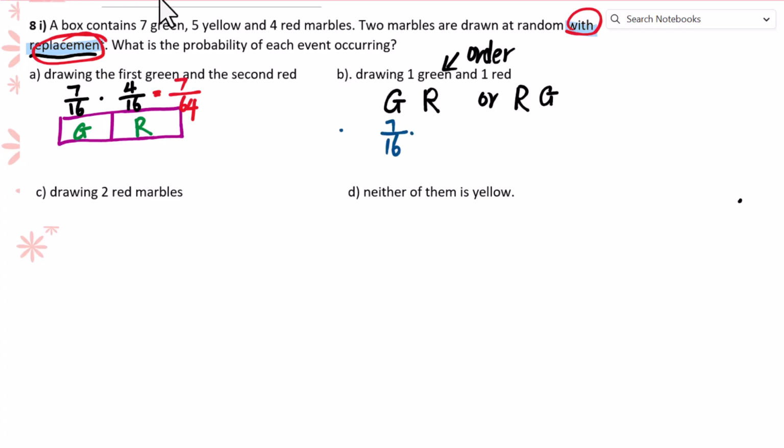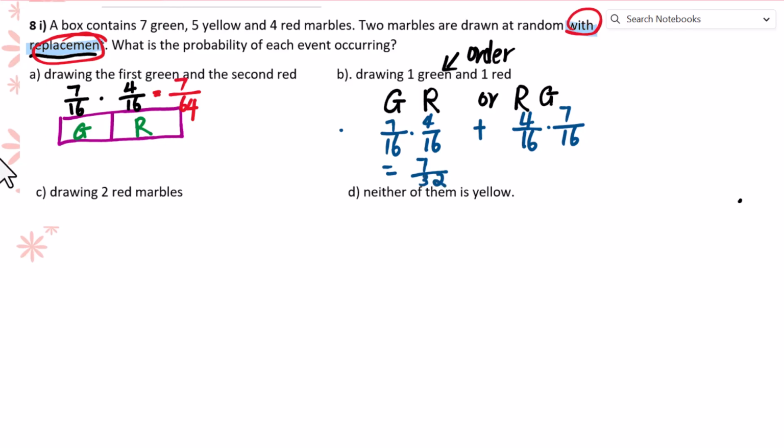First one green, second one red, we already got from here: 7 over 16 times 4 over 16. First one red is 4 over 16. Second one green is 7 over 16. We need to add these two together. Equals 7 over 32.